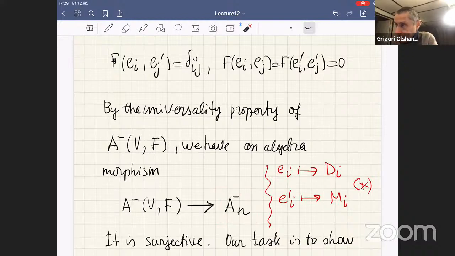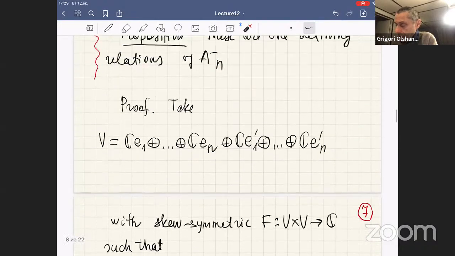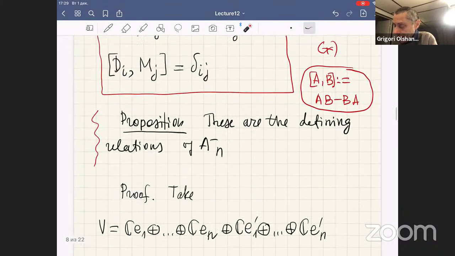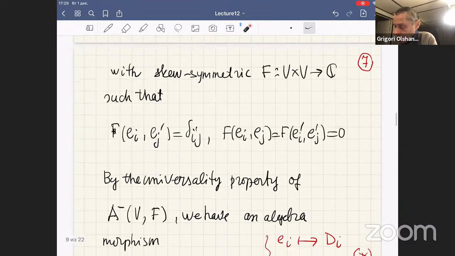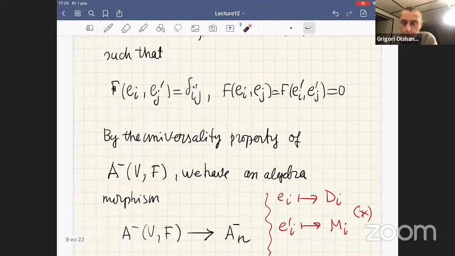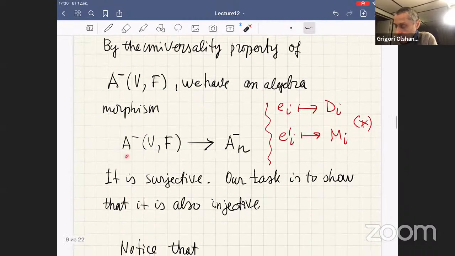And the relations which I wrote here are precisely the relations in this universal object with respect to these bases. So we get this homomorphism of algebras, which sends these basis elements to the D operators, these elements to the M operators, and it is surjective, which is trivial.